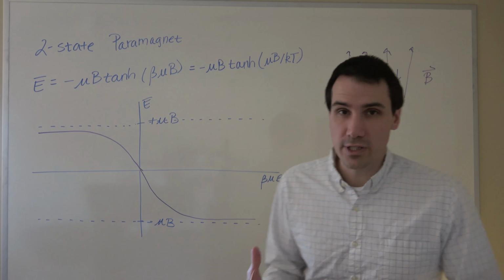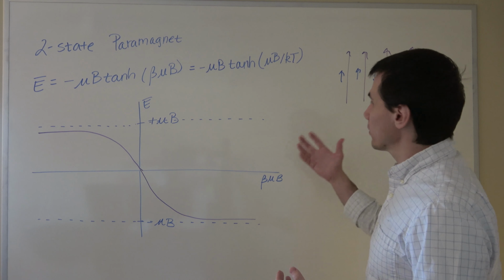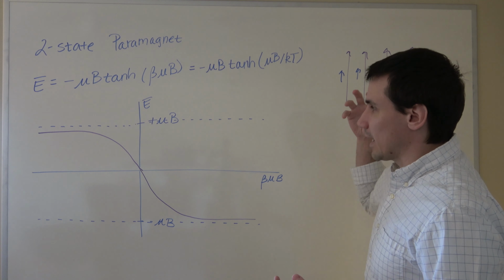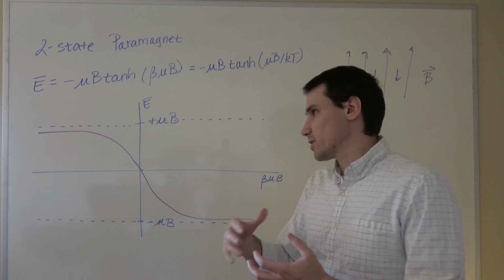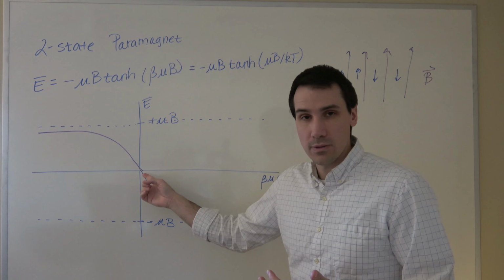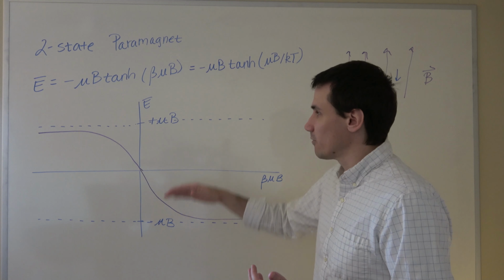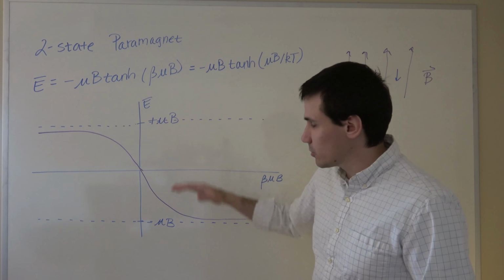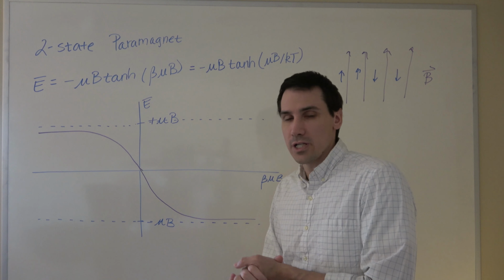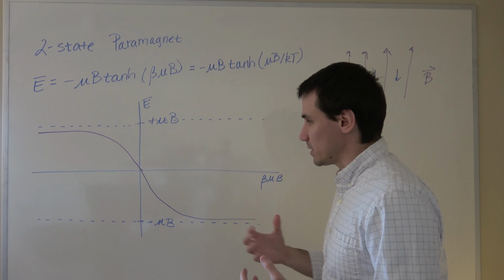So as our temperature gets very, very high, our particles move to basically 50-50 up and down, which means that our total energy, which is just the sum of our up energy and our down energy, is going to get to zero, because we're going to have half of the particles with a positive energy, half of the particles with a negative energy. The total energy of those added together will be zero.